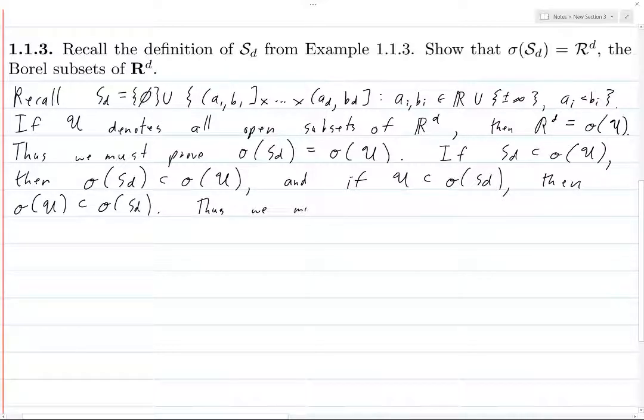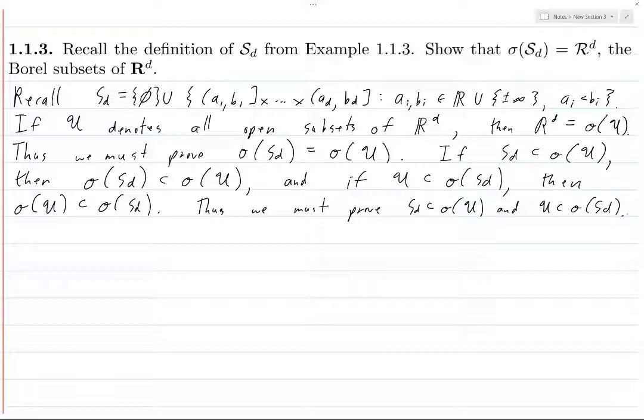Thus, we must prove that S_D is contained in the sigma field generated by U, and that U is contained in the sigma field generated by S_D, because then this will prove both inclusions, and when you have inclusion in both directions, you have equality of sets. So if we can prove these two inclusions, we've proven that the two desired sigma fields are equal.